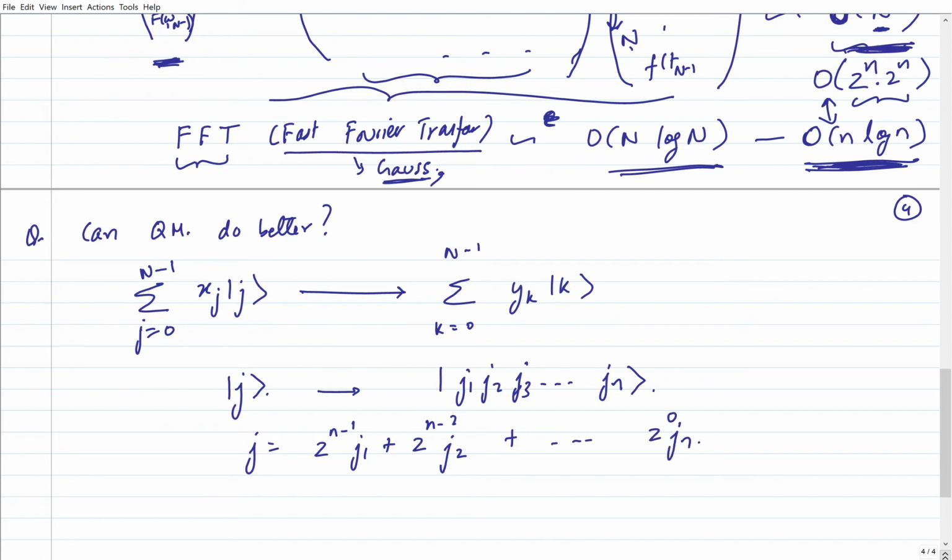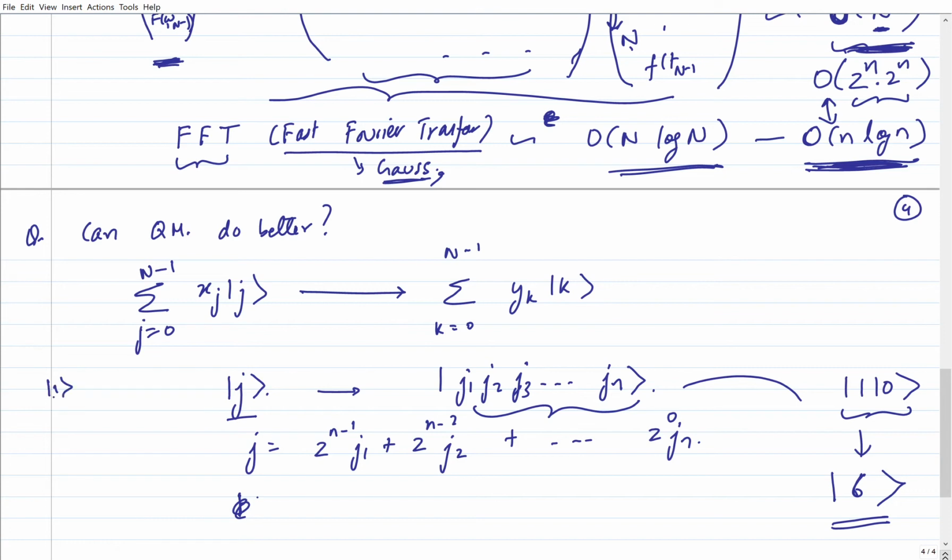For example, if I have my j as 1, 1, 0, that's going to give me a binary representation of, I think, 6. You can check that: 2 to the power of 2, 2 to the power of 1. So that way I can map the entire j's from 1 to the large n.